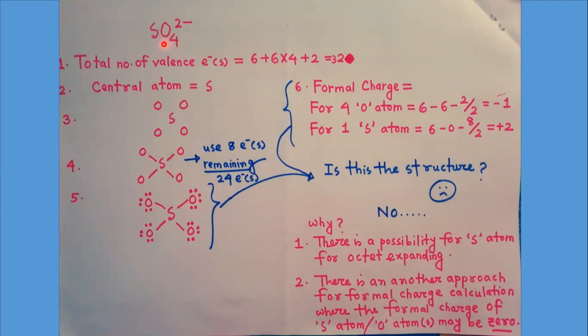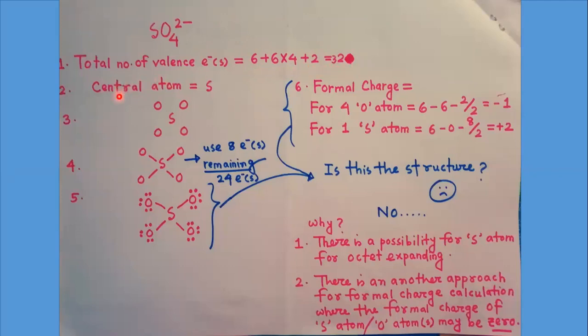As there are 4 oxygen atoms in this ion, it will be 6 times 4. There are 2 negative charges in this ion and it is added here. So the total number of valence electrons is 6 plus 6 times 4 plus 2, equal to 32.